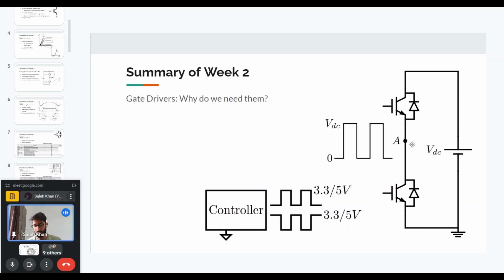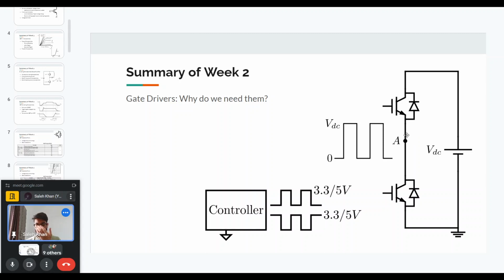And if this half bridge is switching in a complementary fashion, so first one device is on, then it is off, and the other device is turned on, then the voltage of this point A will not be at zero voltage. It will not even be a fixed voltage, but it will be a varying voltage. It will be a switching voltage. It will vary between 0 and VDC.